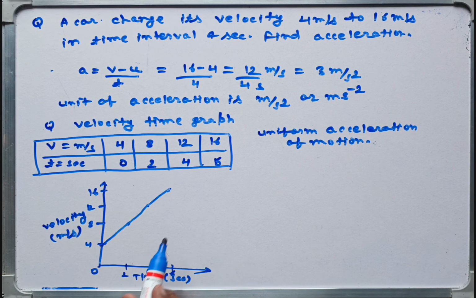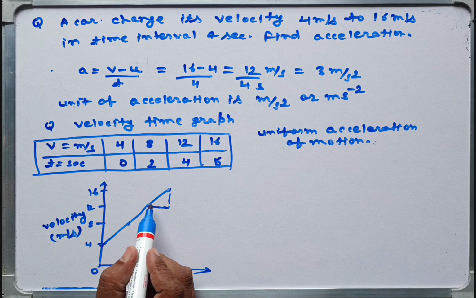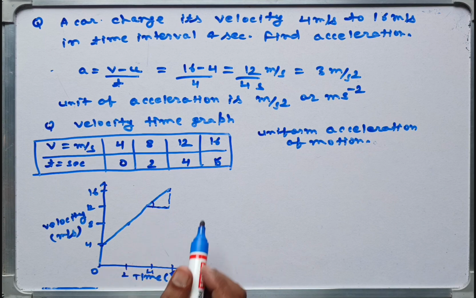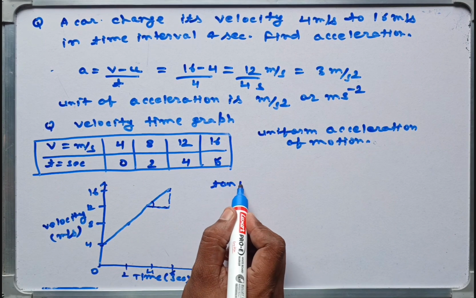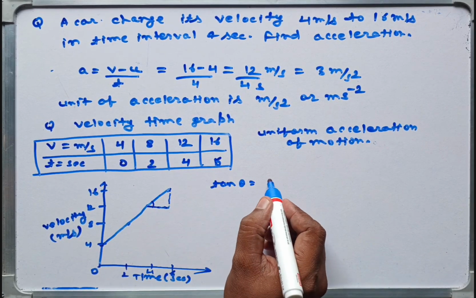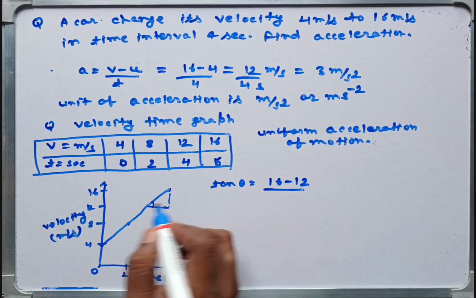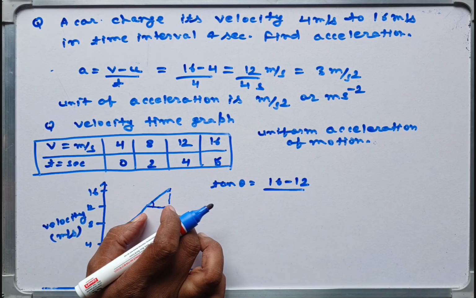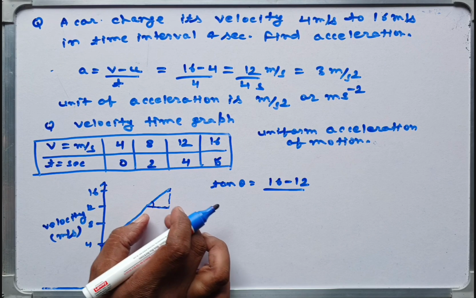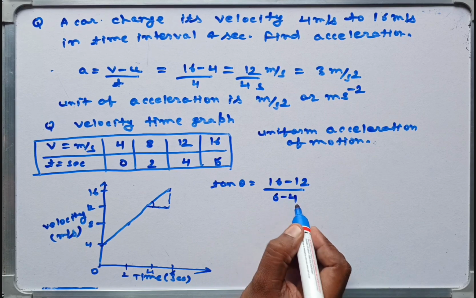Okay, so what you see, if you calculate this value, then you find tan theta equals the vertical distance, 16 minus 12, over the horizontal distance between these 2 points, 6 minus 4.